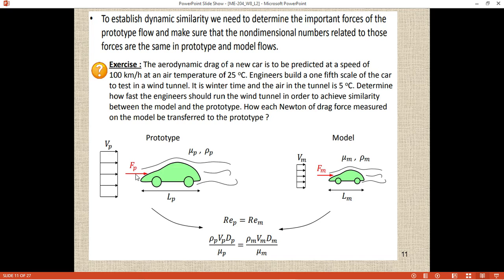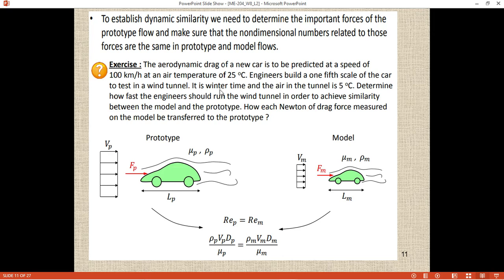So we want to run our prototype, the real-life object, in air at 25 degrees centigrade with a velocity of 100 km per hour. The engineers build a 1/5 scale model of the car to test in a wind tunnel.